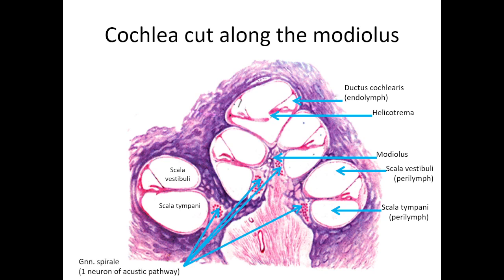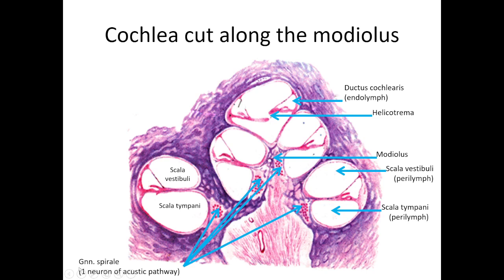The fibers are very teeny, but exactly at the base of lamina spiralis ossea, on these fibers there is also a swelling. The swelling is called ganglia.